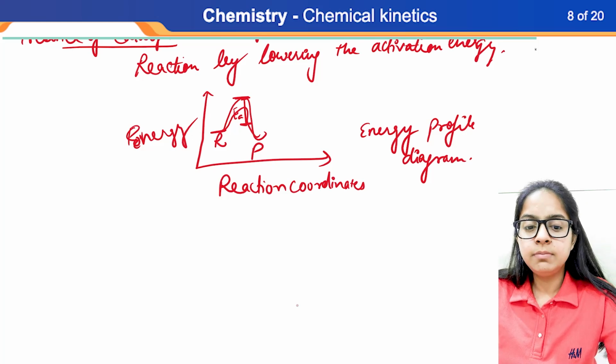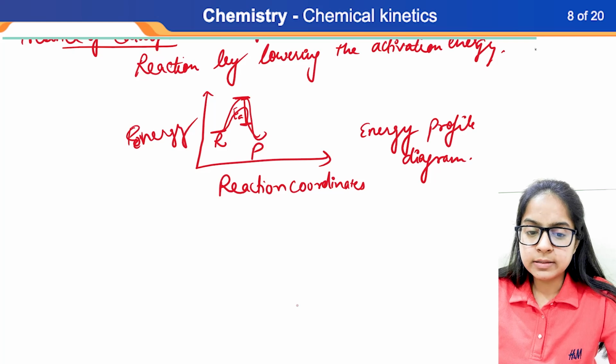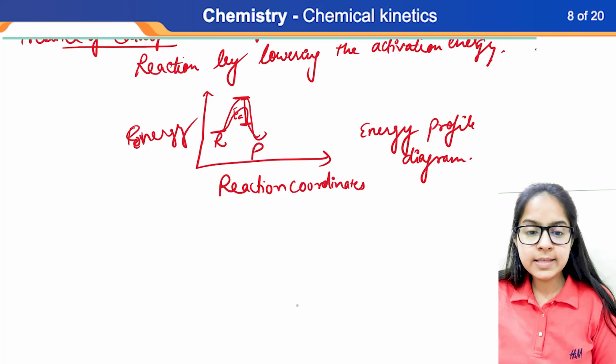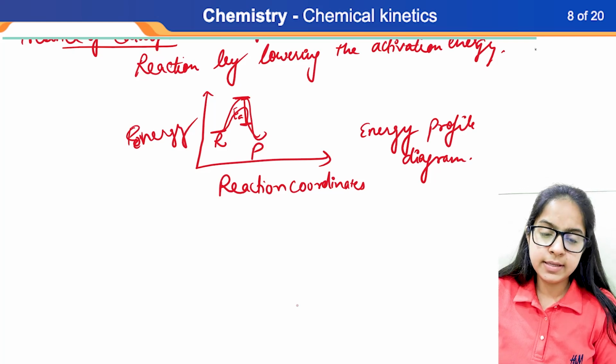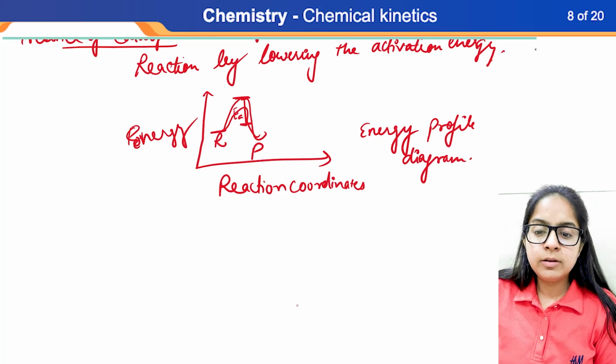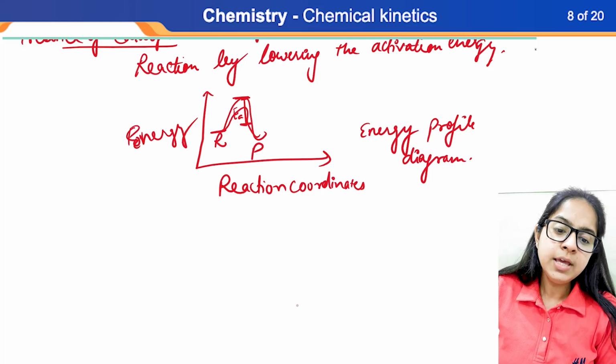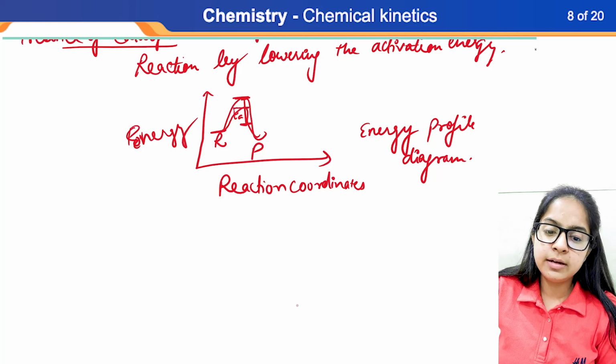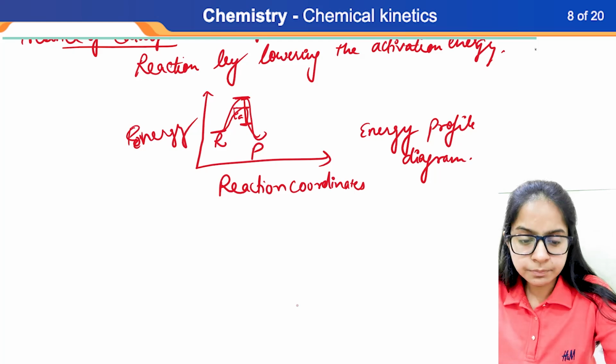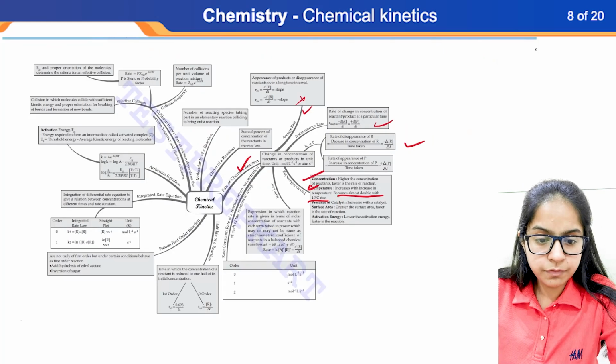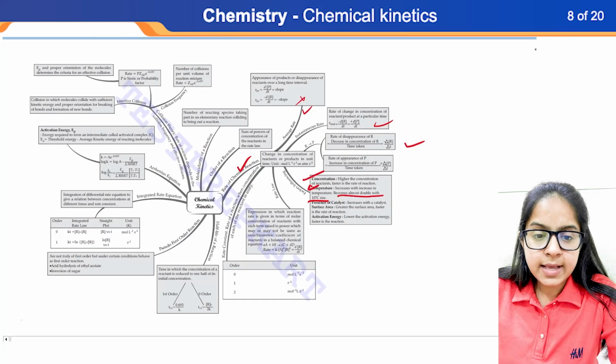By adding the catalyst, this activation energy is going to decrease, and that's why the reactant can easily overcome this energy and go to the product side. So this is the lowering of activation energy.